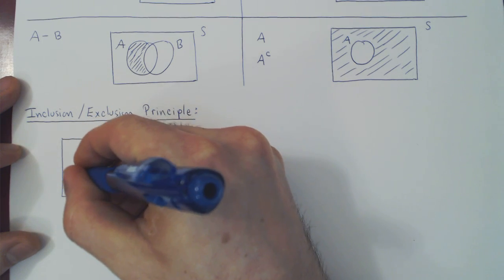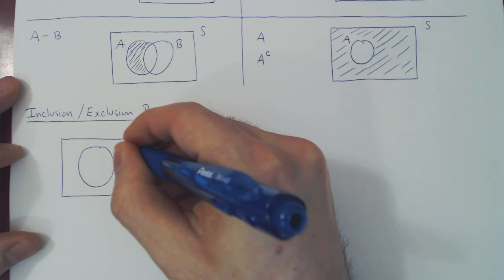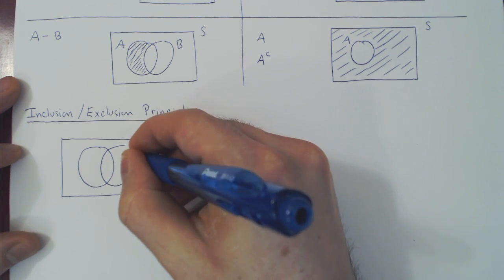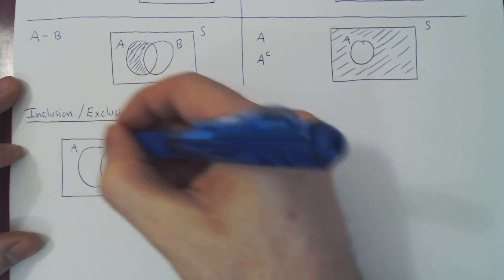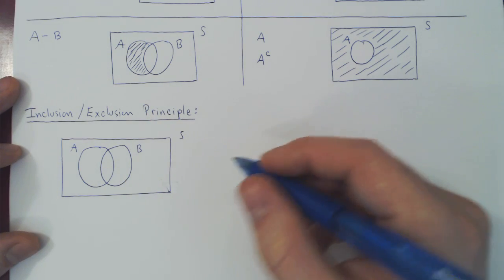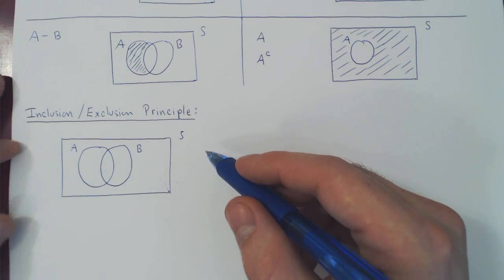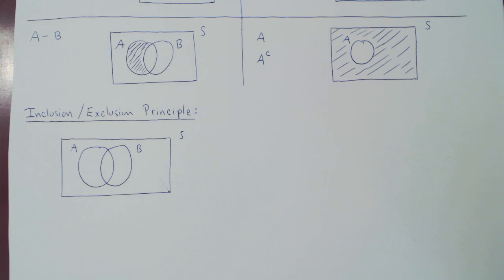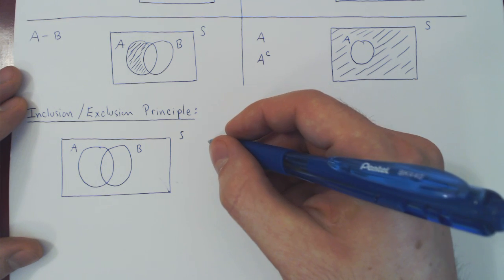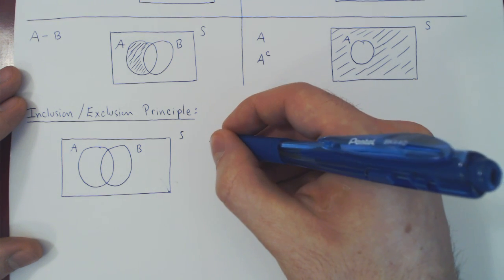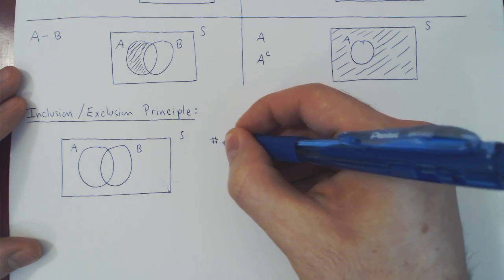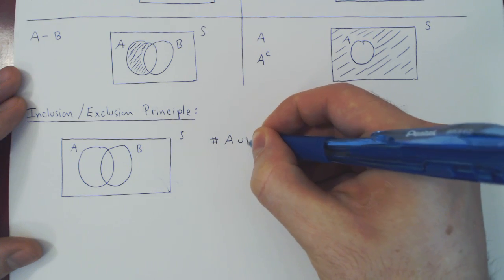We have region A, set A, region B, set B. And the idea of this principle is when you have a large set to count, it may be difficult, so you may want to break it down into smaller sets, and usually smaller sets are easier to count as they contain fewer elements.